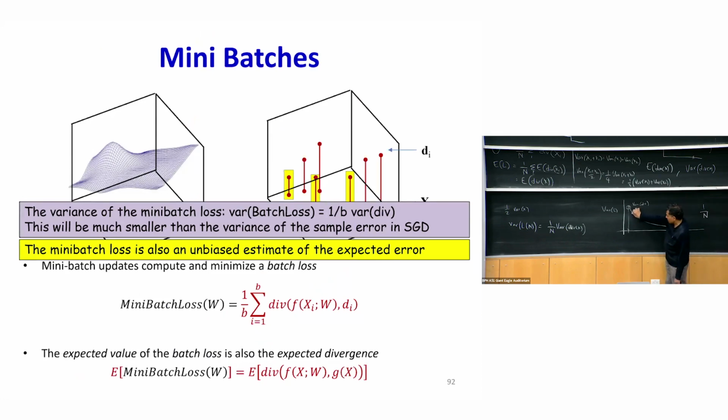If you have a mini batch size of 2, that's going to be half. At some point, your mini batch becomes large enough that this difference is not very much. And so you want the mini batch to be as large as you can possibly fit into your compute, because that minimizes the variance of the loss between mini batches. Make sense to everyone? Right.